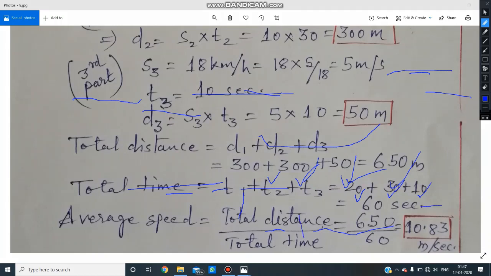Now, no delay to solve for average speed. Dividing total distance, which is 650, by total time, which is 60, we get average speed equal to 10.83 meter per second. This was the end of this calculation.